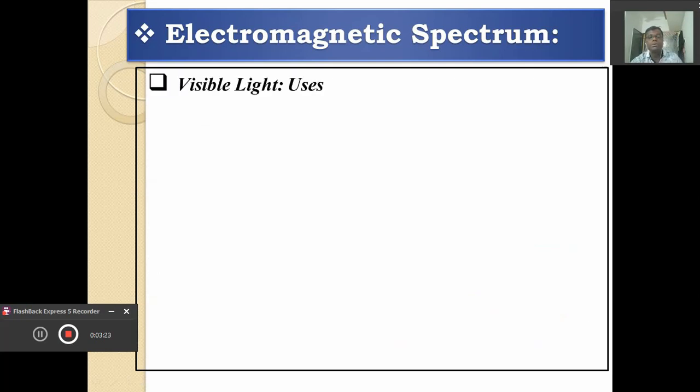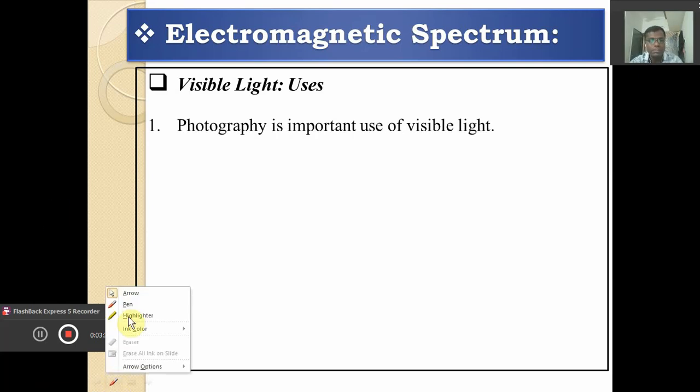If we talk about the different uses of visible light in our day-to-day life, definitely visible light has very important uses. One of the things that we all use in our day-to-day life is photography.